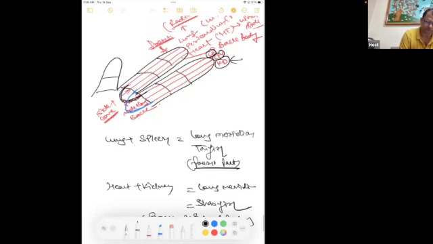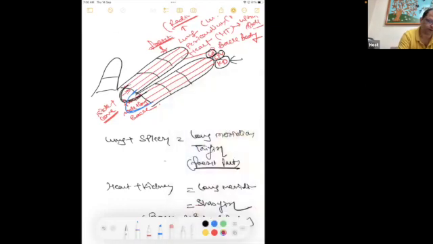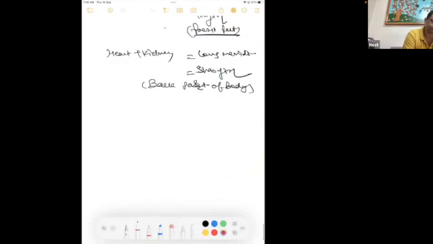Now what is left? The middle is left. Pericardium and liver. So pericardium and liver.